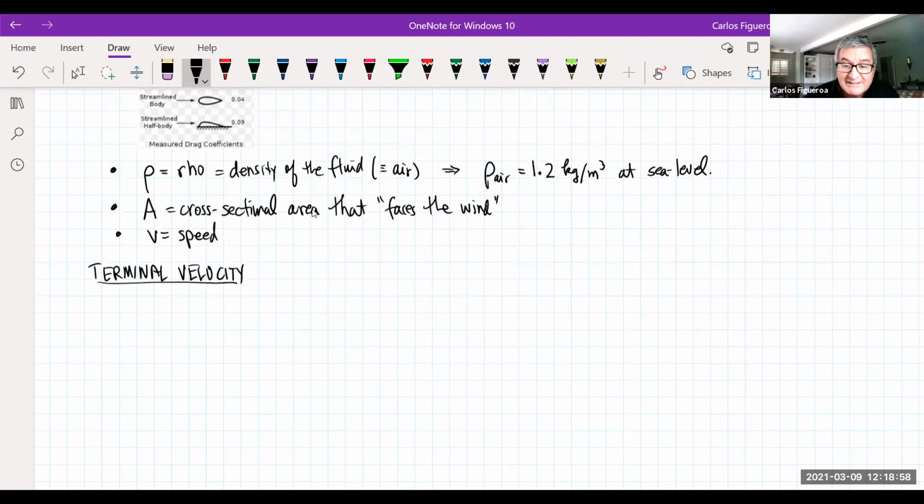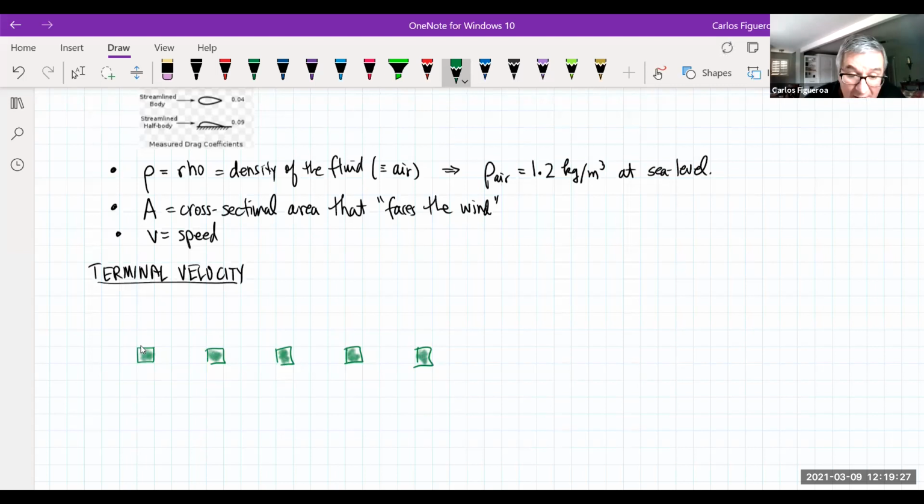So let's imagine that we drop an object. Okay, so here I go. I'm going to draw these things horizontally, and then you'll see me change how these things look, and I'll label them. I'm going to drop these green boxes in air.